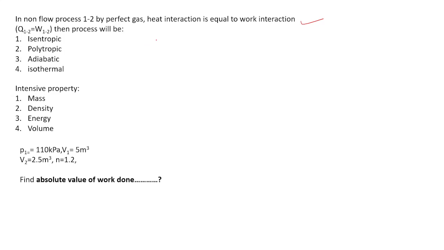It is saying that in a non-flow process, meaning a closed system, going from 1 to 2 by a perfect gas, the heat interaction is equal to the work interaction. Can anyone tell me the difference between this and the first law of thermodynamics?